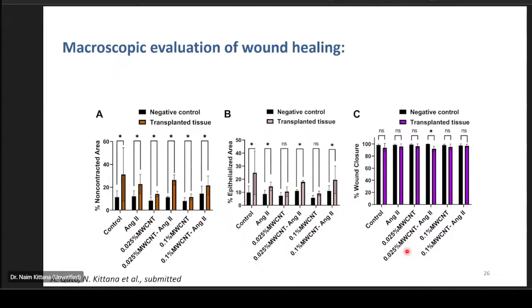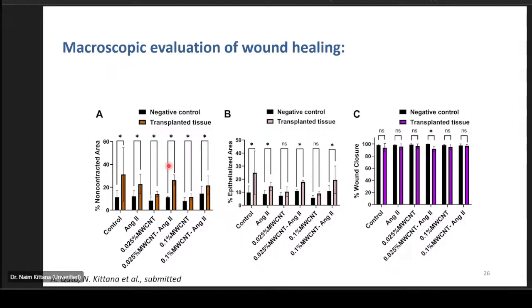And what we had was really interesting. For the non-contracted area, it was all increased. So what does it mean? Normally, when a wound heals with contraction, this causes distortion of the skin texture and appearance, and it will leave scars at the place of the wound and marks that will stay forever at the site of injury.